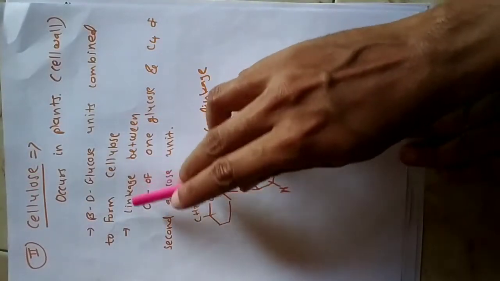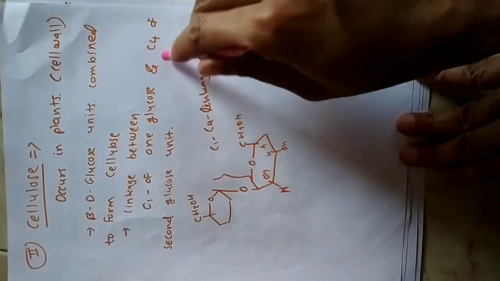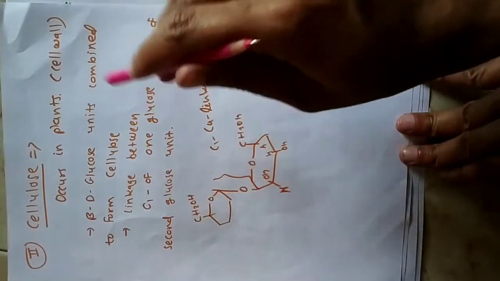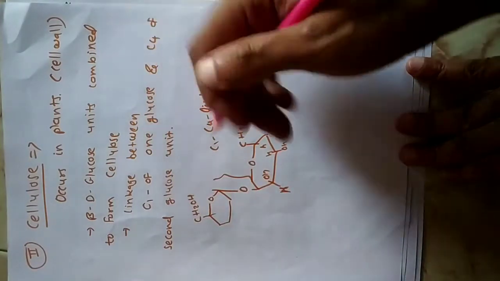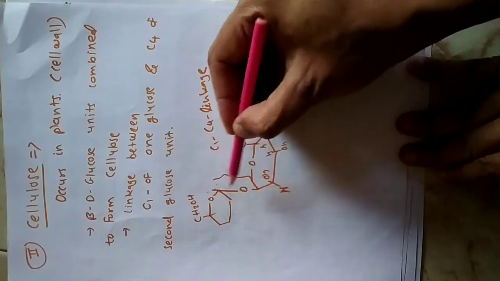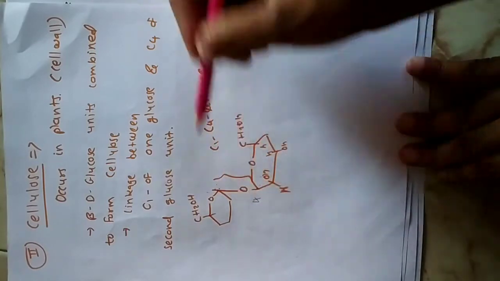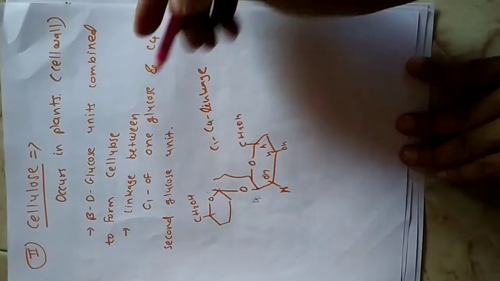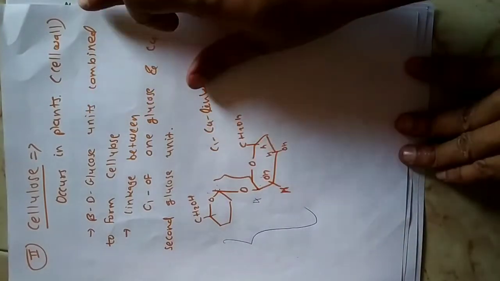Here the linkage is carbon number 1 of one glucose and carbon number 4 of the second glucose, meaning C1 to C4 glycosidic linkage is present. The structure is like this. You can see this one is carbon number 1, this one is carbon number 4. C1 to C4 glycosidic linkage is there. So this is the structure of cellulose.